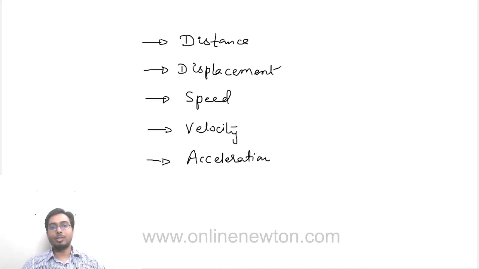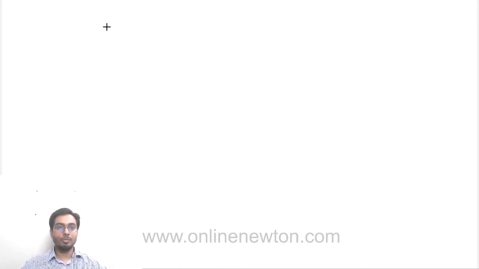If we understand these five, we would be able to crack a lot of things about motion of a body. So let us start one by one. I'll be discussing distance and displacement in this video, and the rest of the things will be there in the upcoming videos.